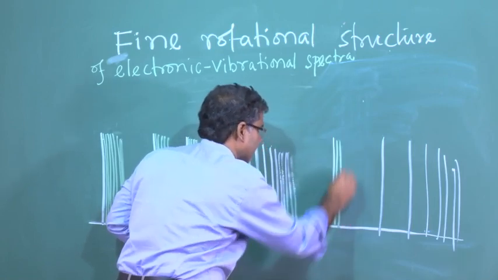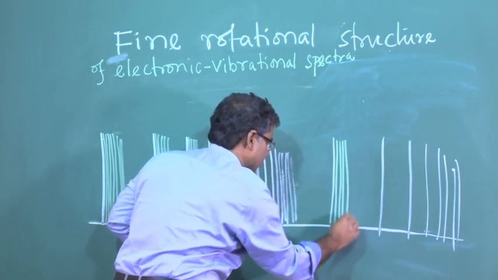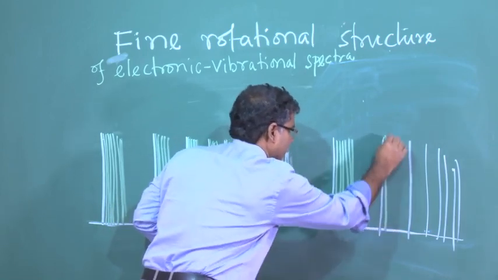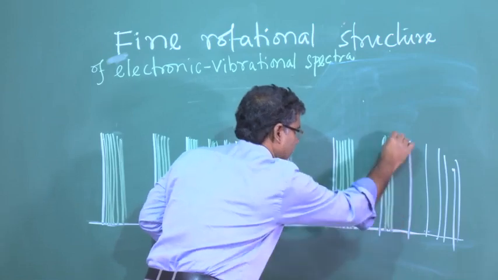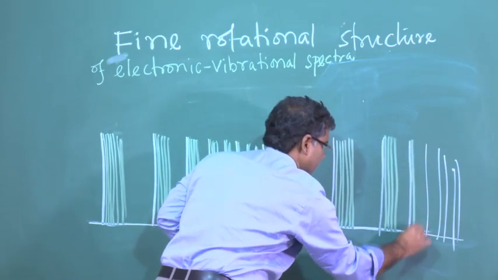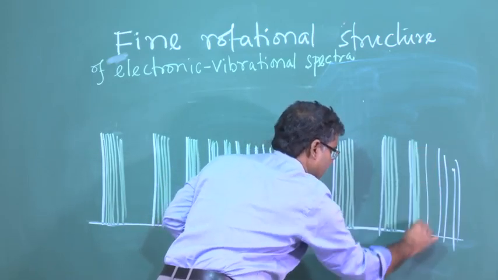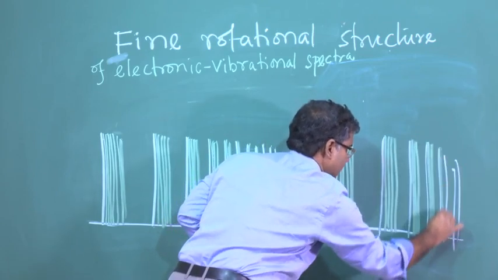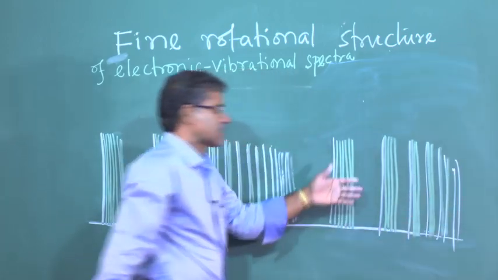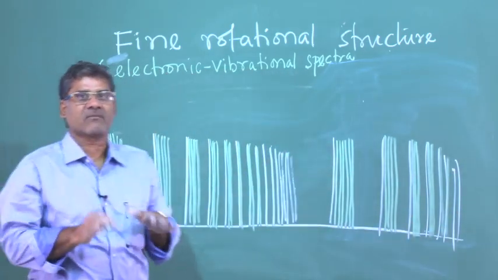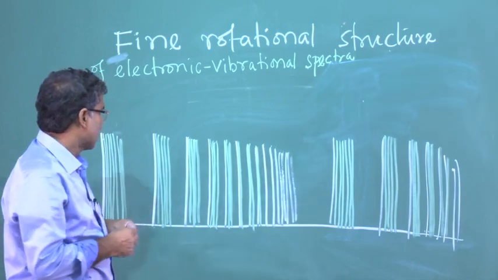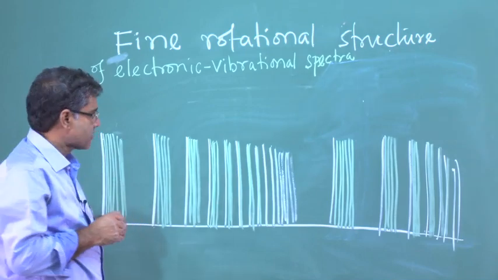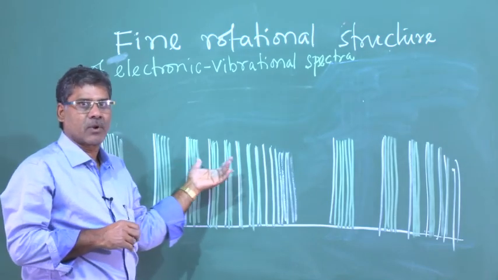So, this kind of electronic spectra of a diatomic molecule you will see, and this is nothing but the electronic spectral lines of a molecule.